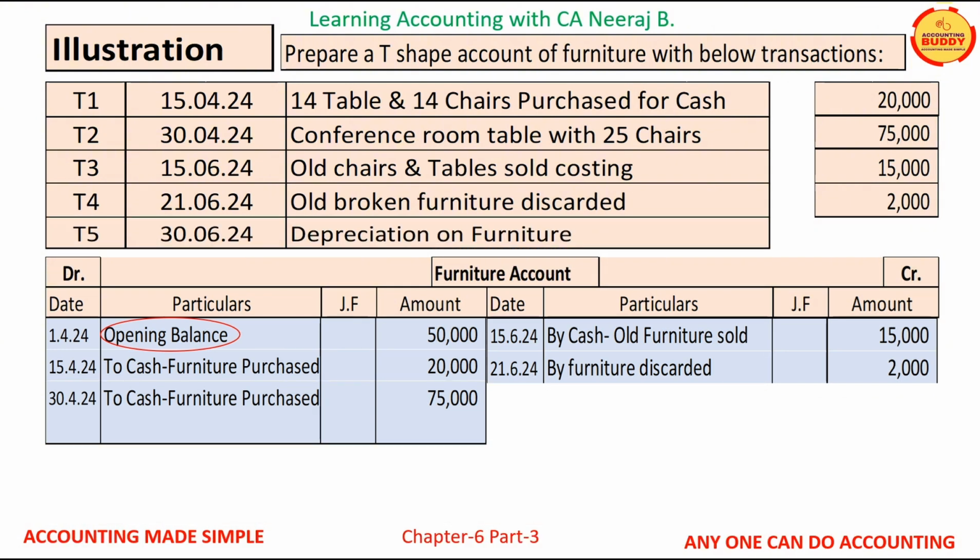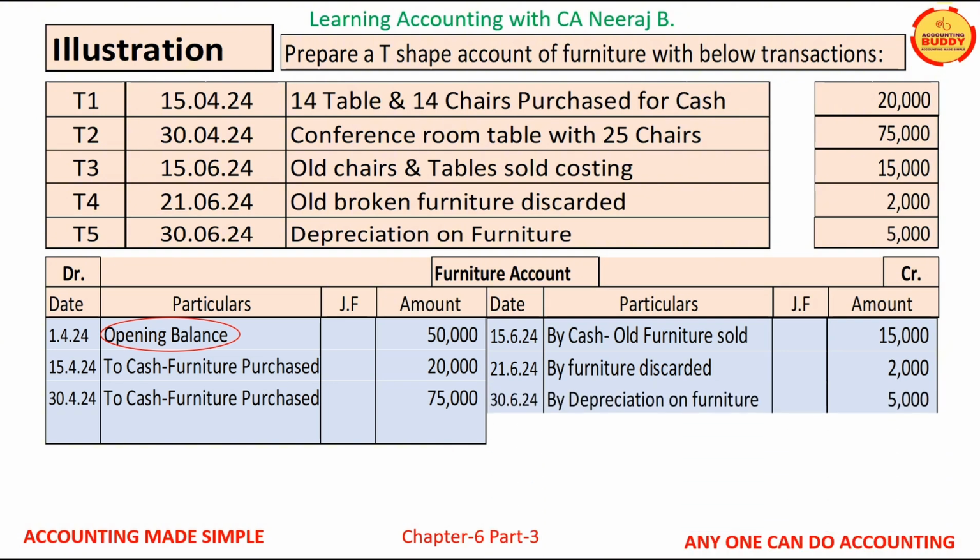Transaction T5 is an amount of 5000 is charged as depreciation. The depreciation amount charged will reduce the value of the asset. Therefore, it will be recorded on the right hand side, that is the credit side of the furniture account. Let us now balance the furniture account. The total of left hand side, that is the debit side of the furniture account, is 145,000.